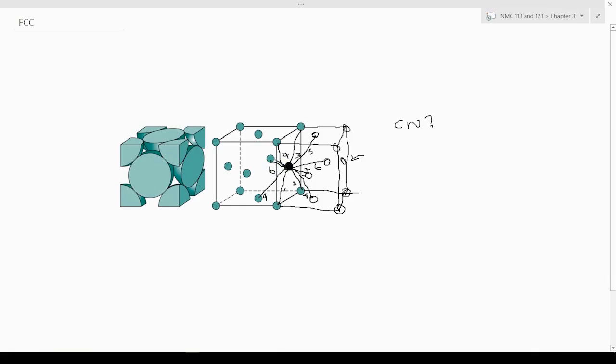The one at the top, it's 11, right? And then you have one in front, it makes it 12. So the coordination number for an FCC, right? For an FCC, it has a coordination number of 12.